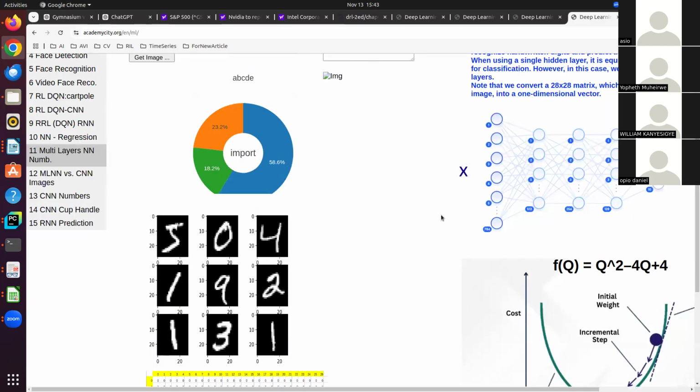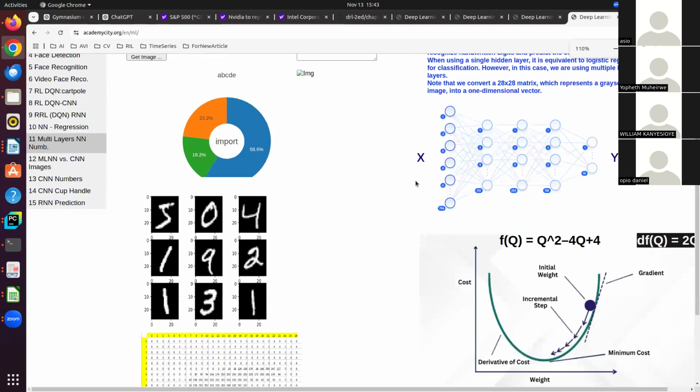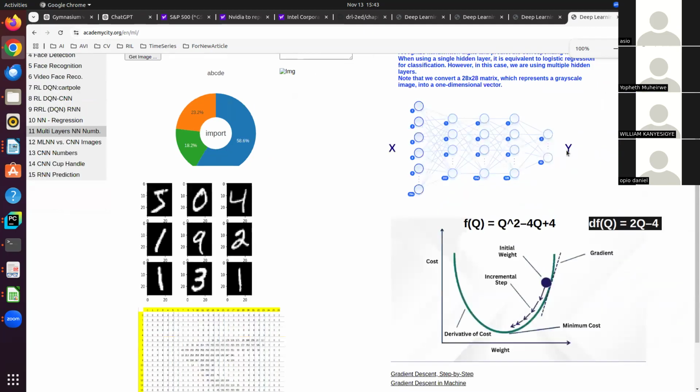So now let's think about it. We're putting all those 784 numbers in, and we're trying to predict that number. Now, this one is a little harder than the GDP example, the economics example. Why?